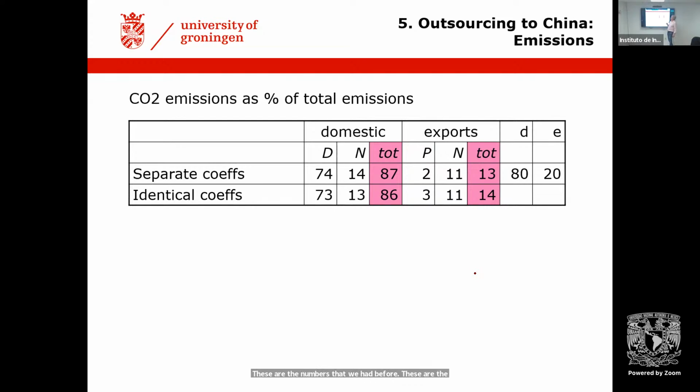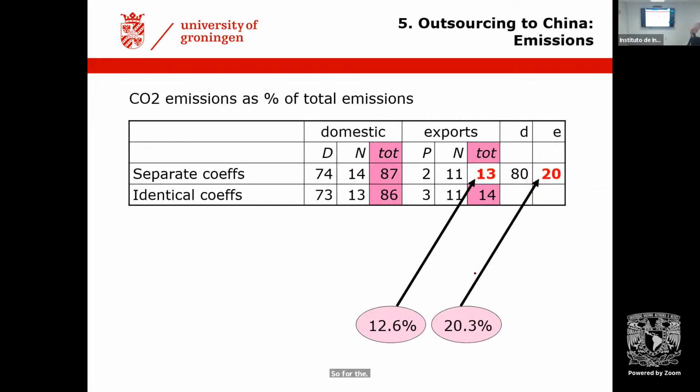So of all the emissions, 13% go into the exports, 11% to non-processing exports, and 2% to processing exports. Same for the domestic point of view.